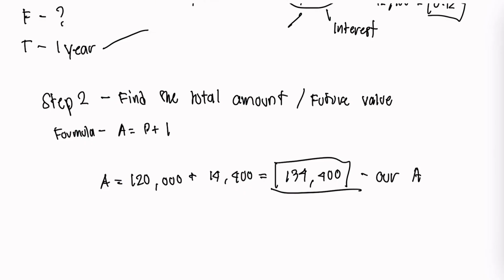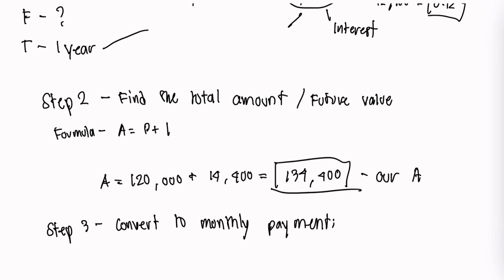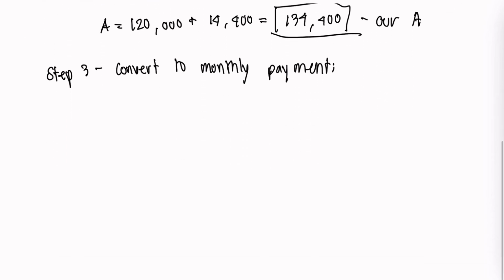Moving on, step 3 is to convert to monthly payment. How do we do that? The formula is A divided by the time.